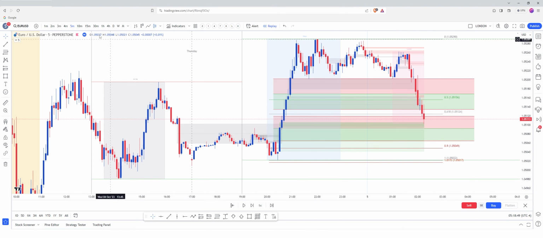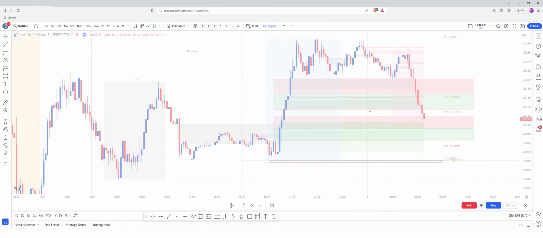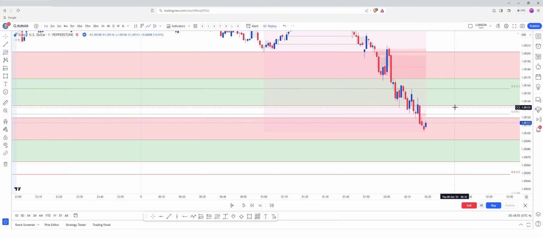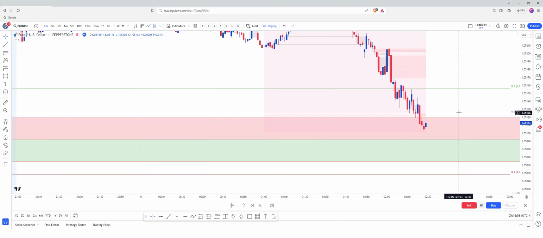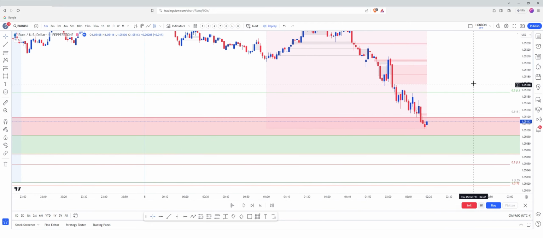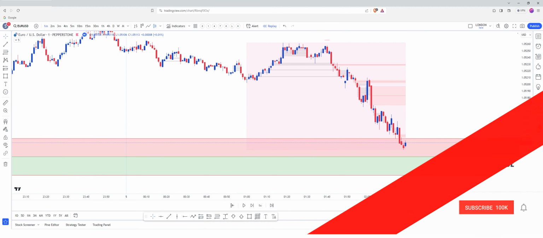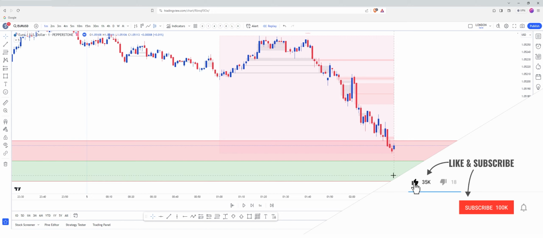So I'm going to go for the Cameron model or a continuation model entry to get short. I'm going to delete this 15-minute fair value gap. The time at the moment is 2:19.